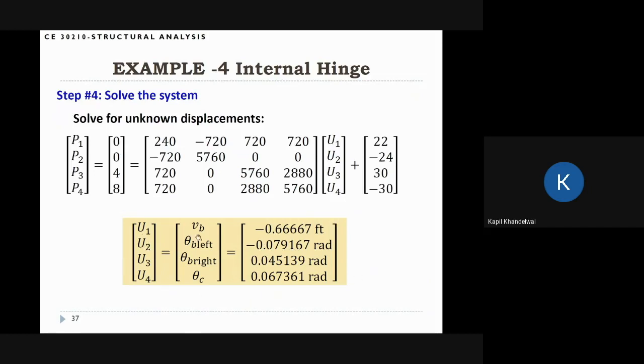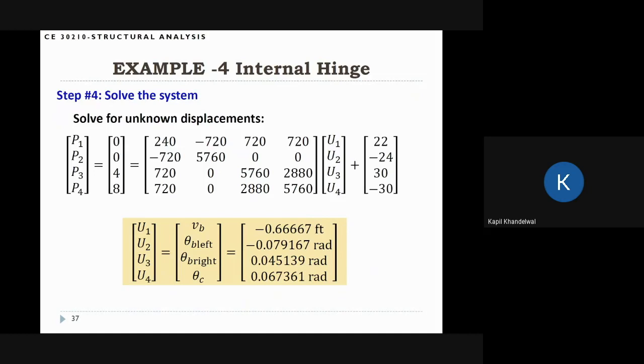So the first degree of freedom is the vertical displacement at B. The second degree of freedom is the rotation at the left side. And U3 is the rotation at the right side. So you can see that because of the hinge, there are 2 rotations. And U4 is the rotation at C. So these are the numbers, and this is the answer for this problem.